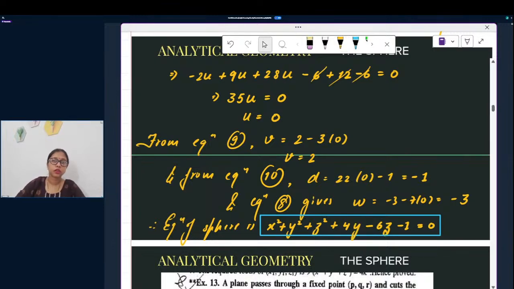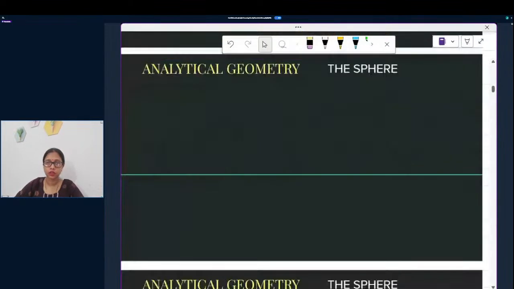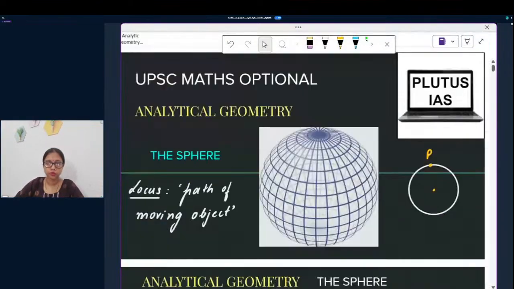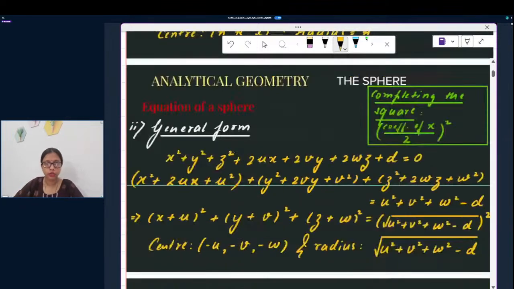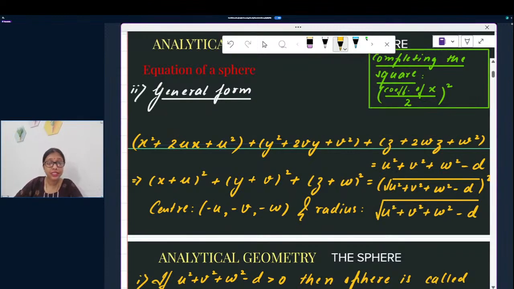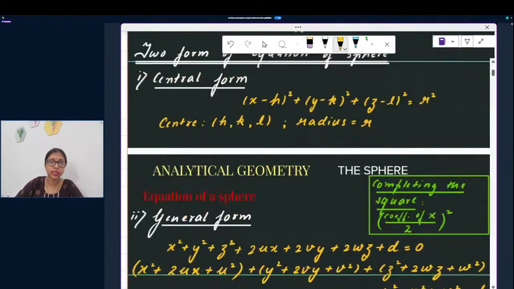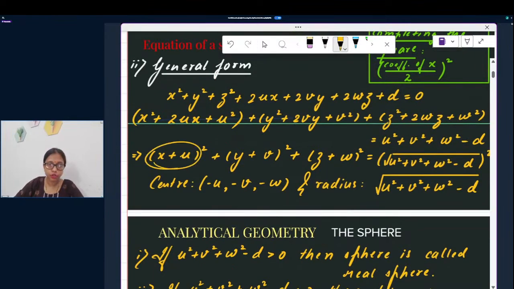So beta, the answer for this is right here. This is the central form, right? Where the center is very clear. H comma k comma l, from the equation I can find out. Here also from the equation we can find out, but I need to give this general form, this central form, so that it can be seen. So when I completed the square, it was the form which I was getting. So what is the center?